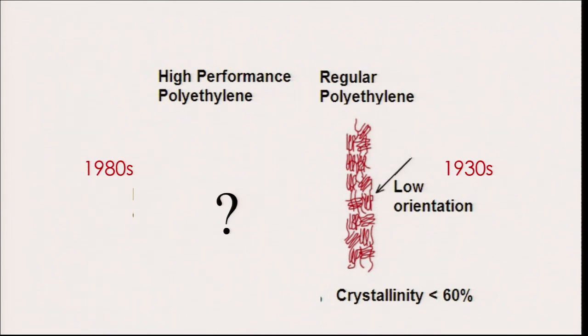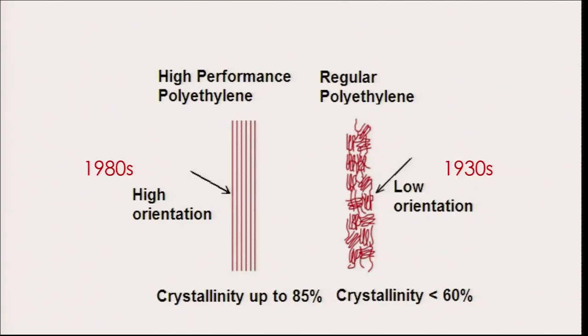What does that mean? Isn't it surprising that it has taken scientists almost half a century to actually straighten a polymeric chain of polyethylene? So, these materials are produced by creating a structure in which the polyethylene chain is highly extended and it is aligned along the axis of the polymer fiber.